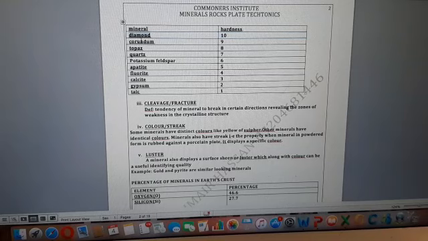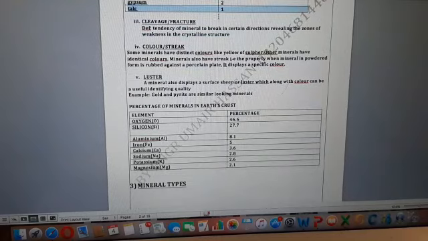I mean, diamond is the hardest one in this scale, and the softest one is talc, assigned a value of 1 in this scale. Now, what is fracture or cleavage? The tendency of minerals to break in certain directions, revealing the zones of weakness in the crystalline structure, is termed fracture, a property of minerals.